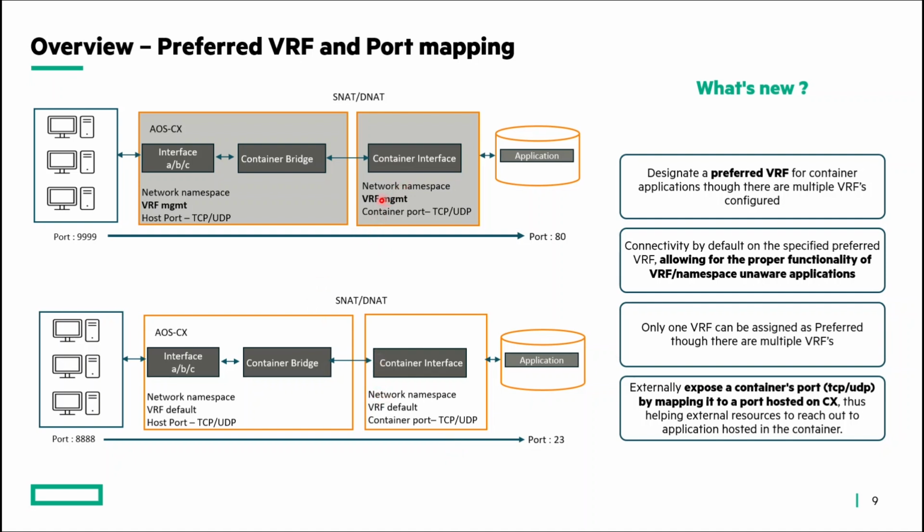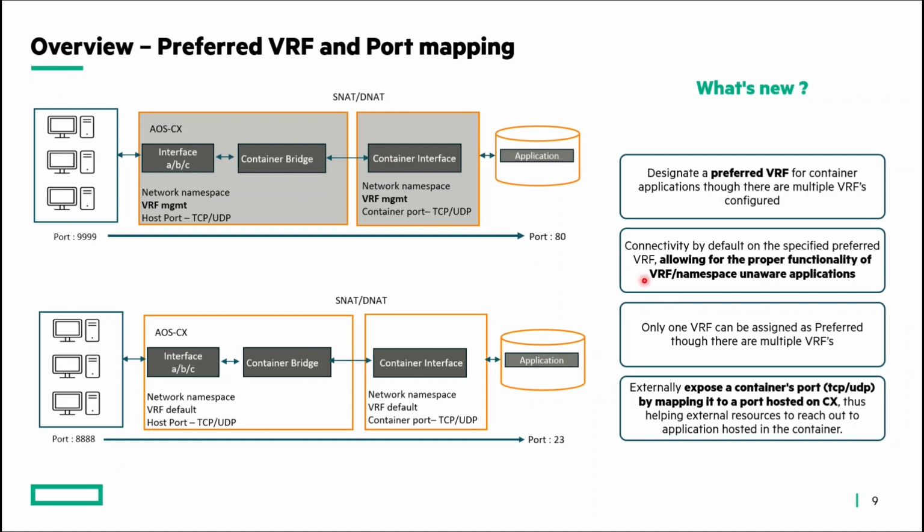This means that the application can have connectivity by default on the specified preferred VRF, thus allowing for proper functionality of the VRF or namespace aware applications. While the user can still attach multiple VRFs to a container, most standard applications will only use the one set as preferred.